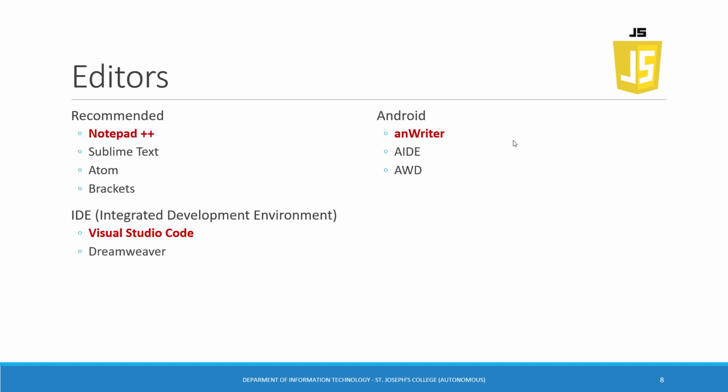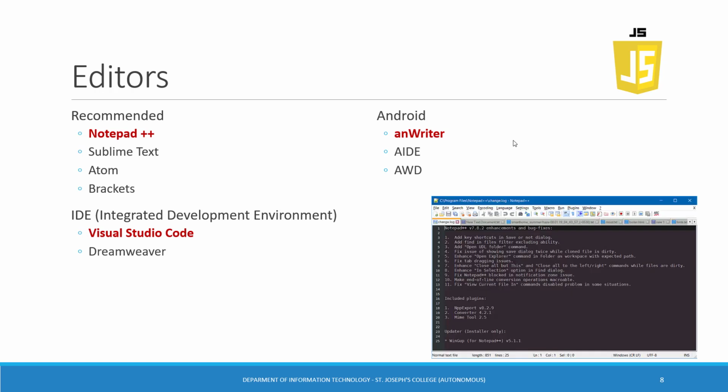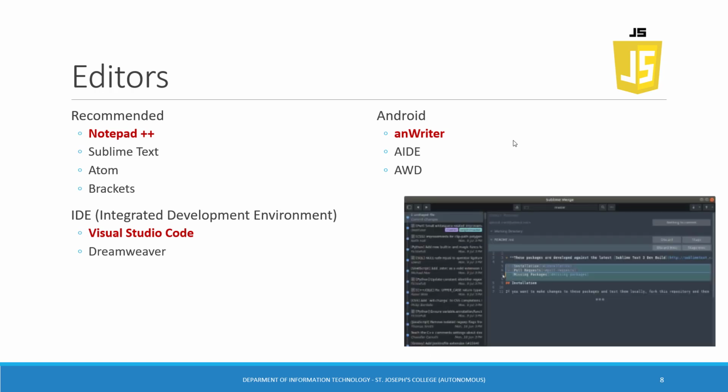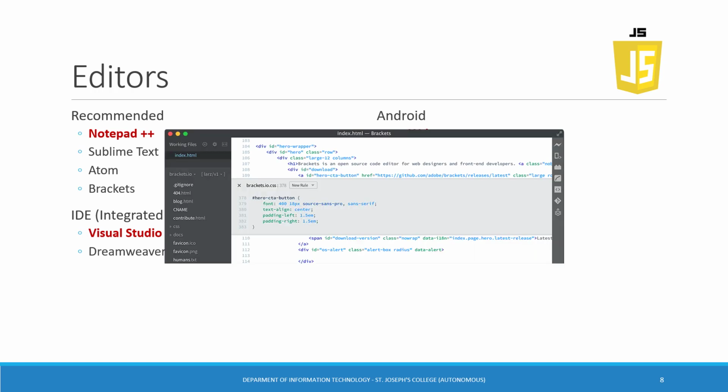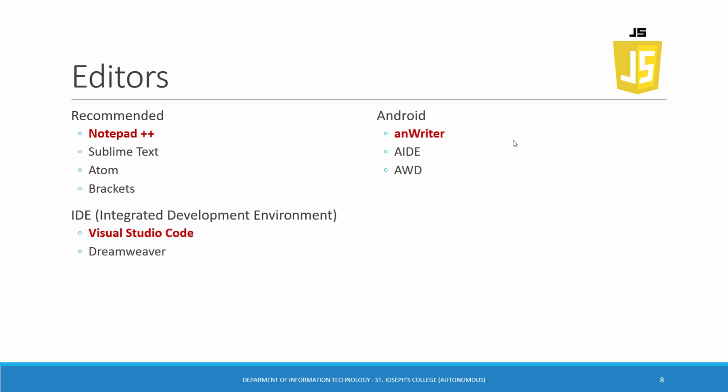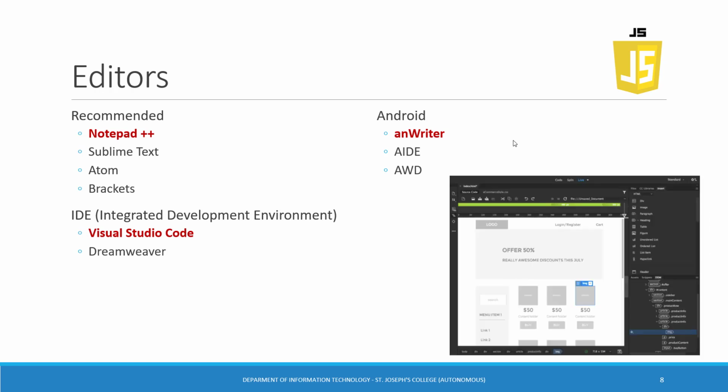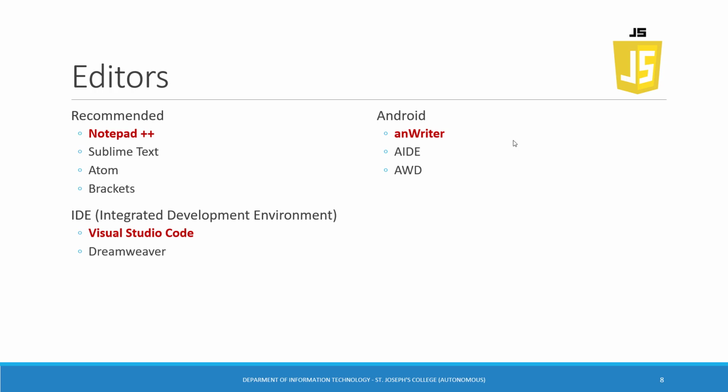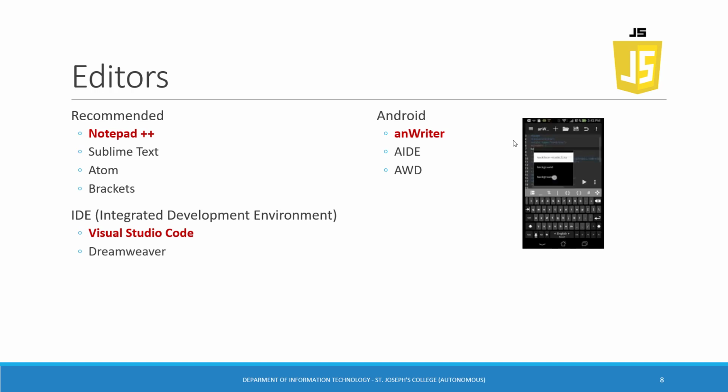The recommended ones are Notepad++, Sublime Text, Atom, and Brackets. If you need an integrated development environment, you can go for Visual Studio Code or Dreamweaver. If you want to code JavaScript using your mobile phone, you can choose AN Writer, AIDE, and AWD.